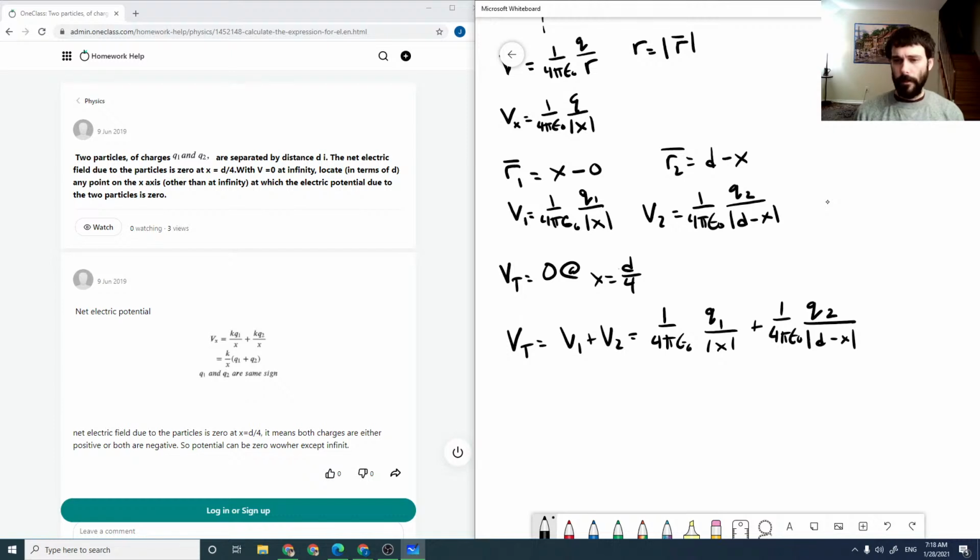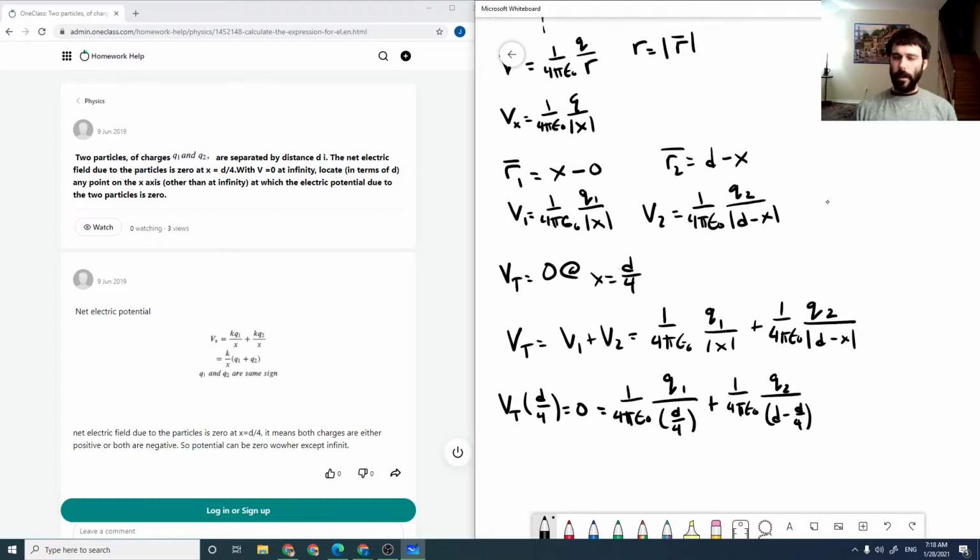Okay, so we're given that our V total at d over 4 is equal to 0. So that's 1 over 4 pi epsilon naught Q1 over d over 4 plus 1 over 4 pi epsilon naught Q2 over d minus d over 4. I've changed these absolute values to brackets because I know that neither of these is going to be less than 0.